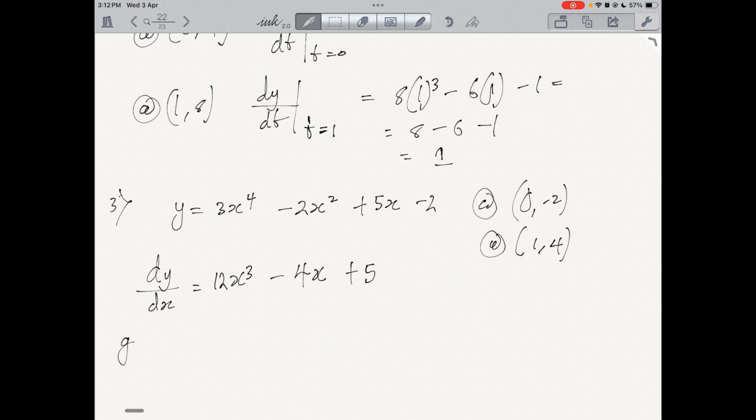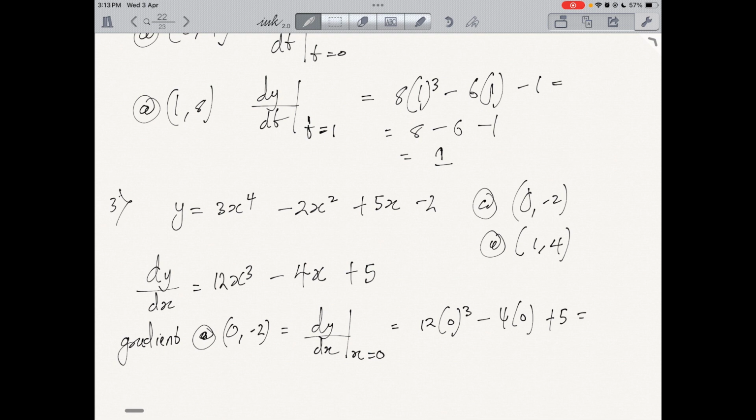So the gradient at 0, minus 2 is equal to dy/dx at x equals 0. This will give us 12 into 0 raised to the power 3 minus 4 into 0 plus 5, and this will give us 5.